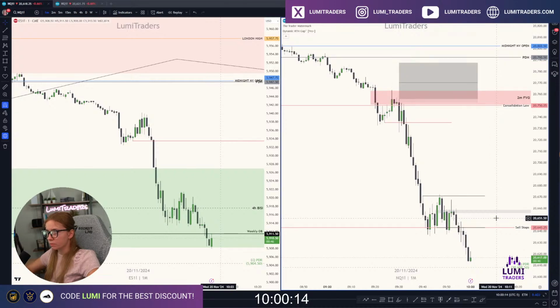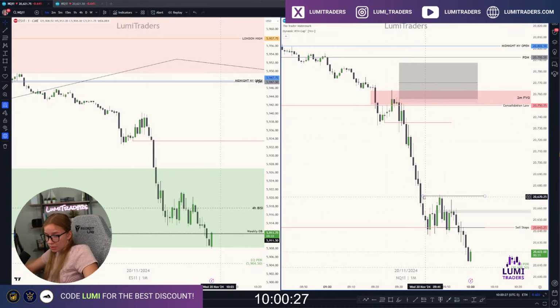This is your problem: 1 minute chart addiction. Okay. I mean, nothing wrong with the 1 minute chart, but when we're inside a strong downtrend, it's kind of hard for me to trust 1 minute reversals, honestly.